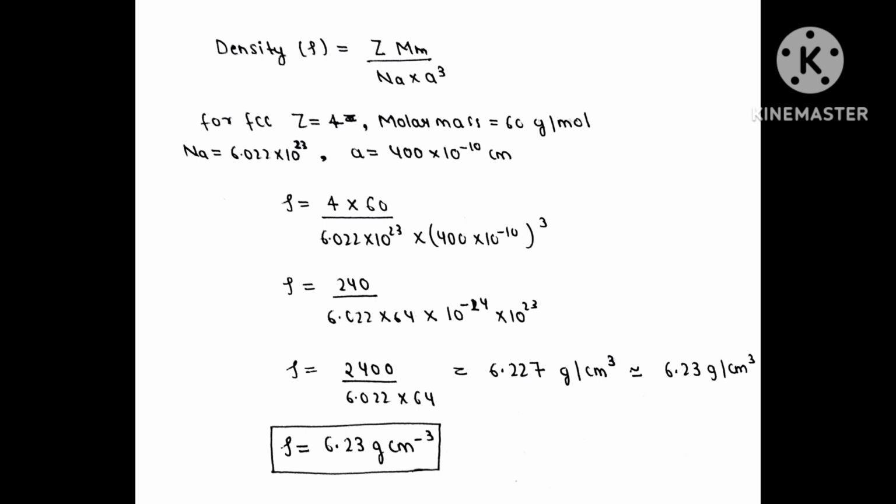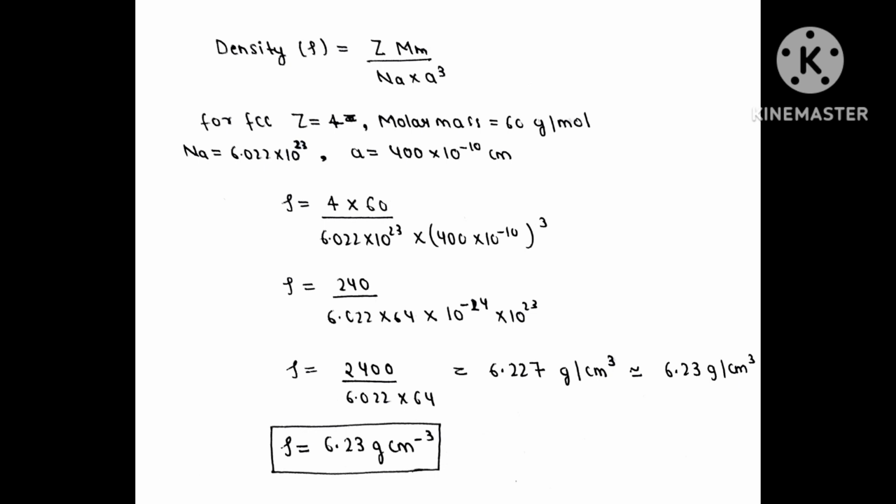The edge a is given, 3.608 × 10^-8 centimeter, and its cube is a³. So you have put the D value, the N value and the a³ value.